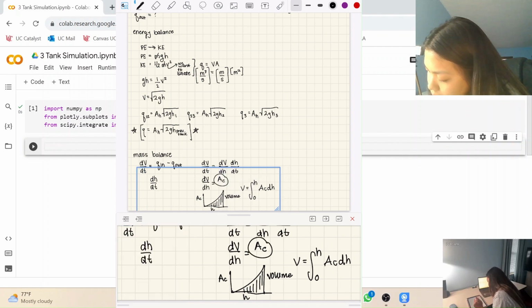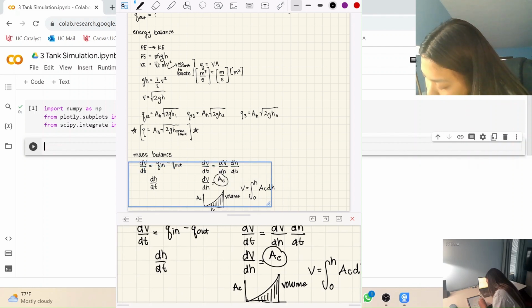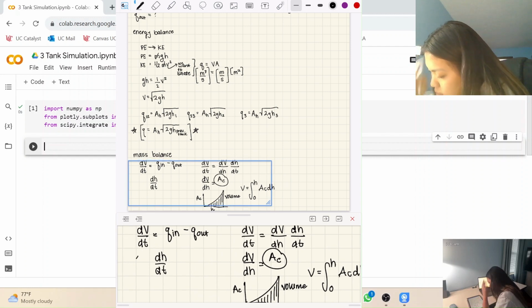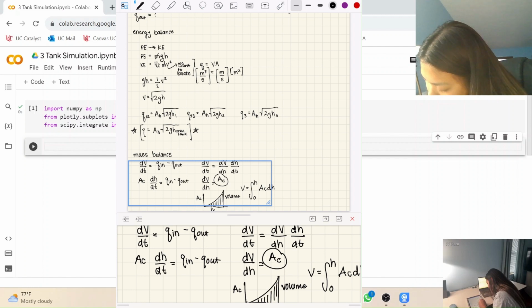And so we have the cross-sectional area times the change in height with respect to time equal to the flow in minus the flow out. If we simplify this, the change in height with respect to time is equal to the flow in minus the flow out, divided by the cross-sectional area.